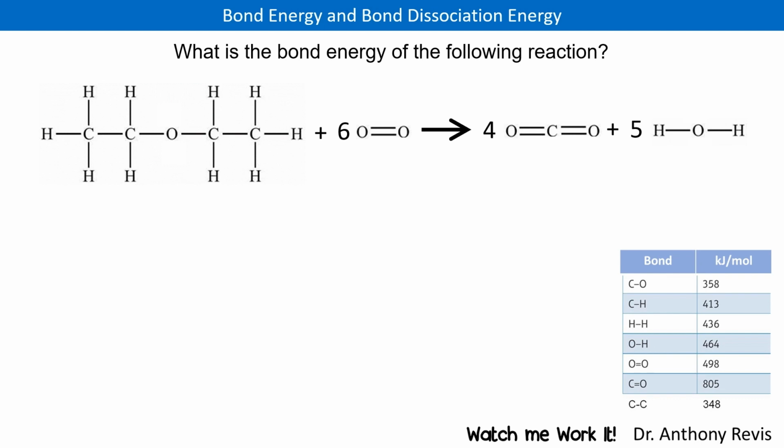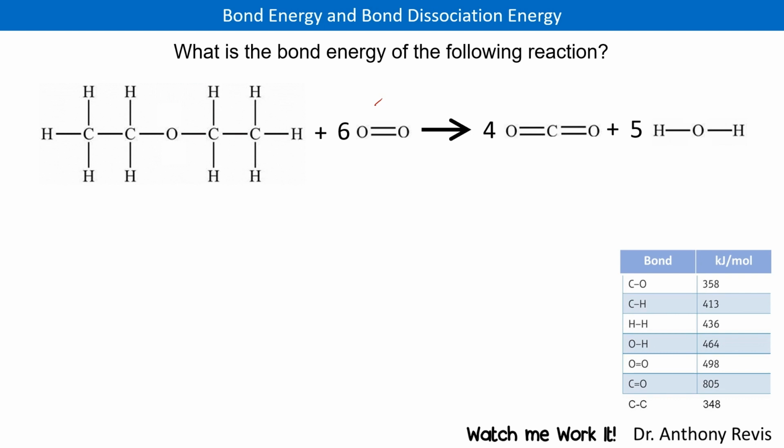Now, with bond dissociation energy, you have to remember that it is going to be the enthalpy of the bonds we break. Let's back up. I'll write that again for you.